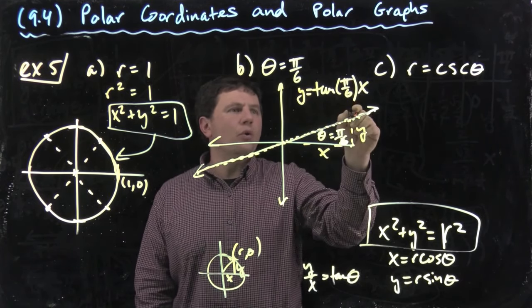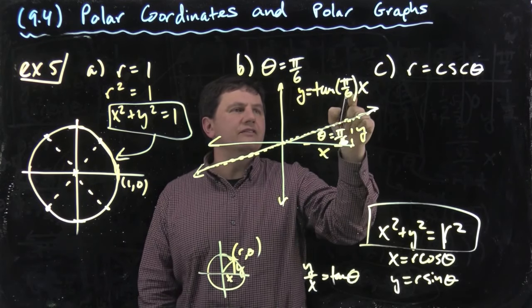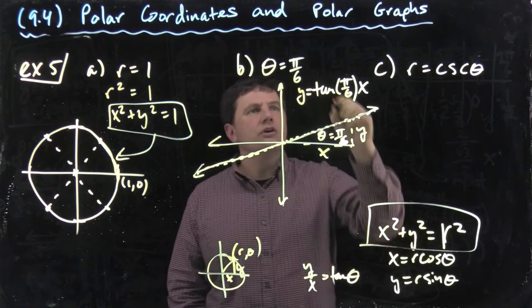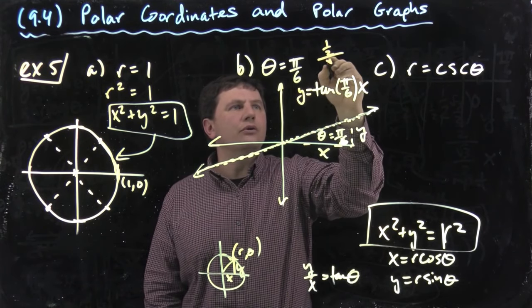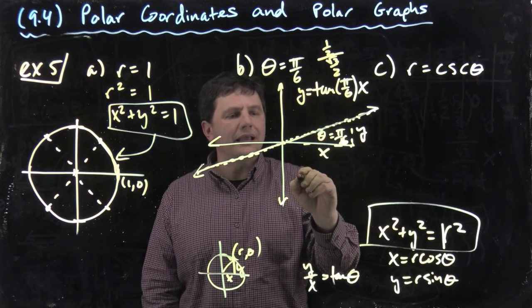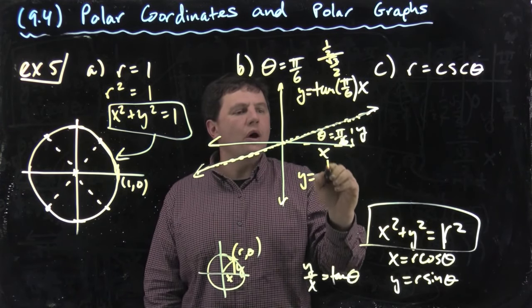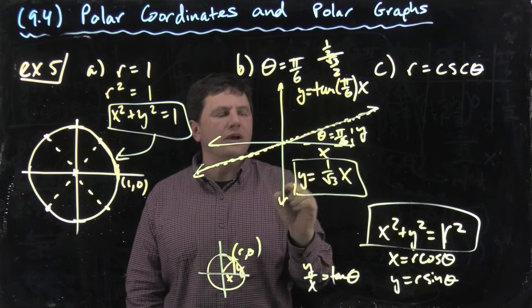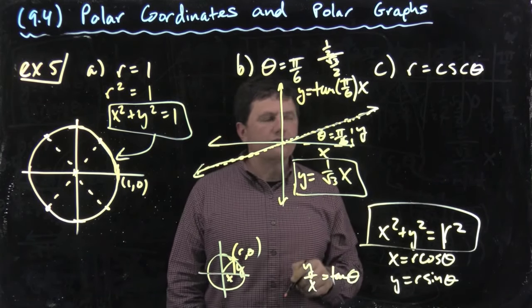Y over x. So tangent of pi over 6 is going to end up giving us, let's see, 1/2 over radical 3 over 2. So that is y equals 1 over radical 3 times x, and that is our rectangular equation for that.